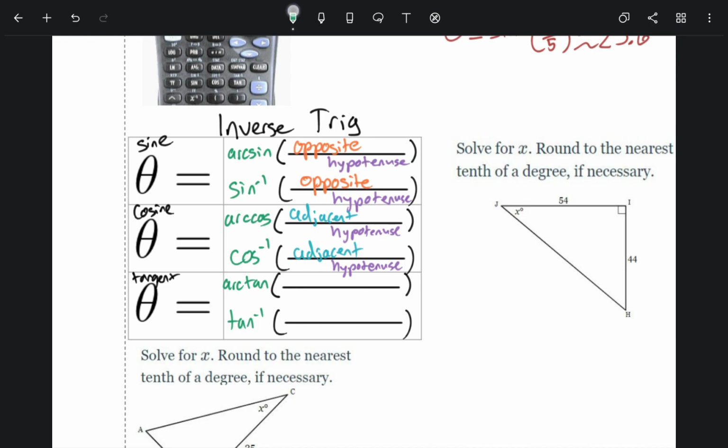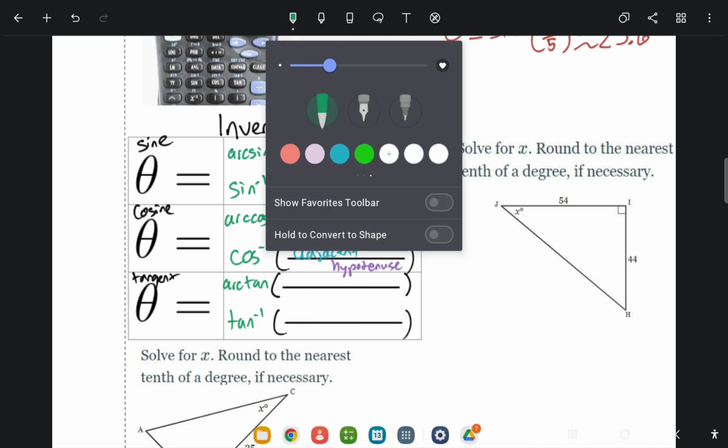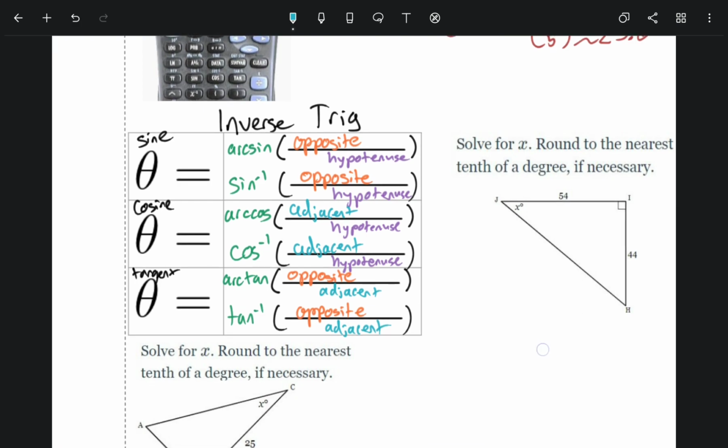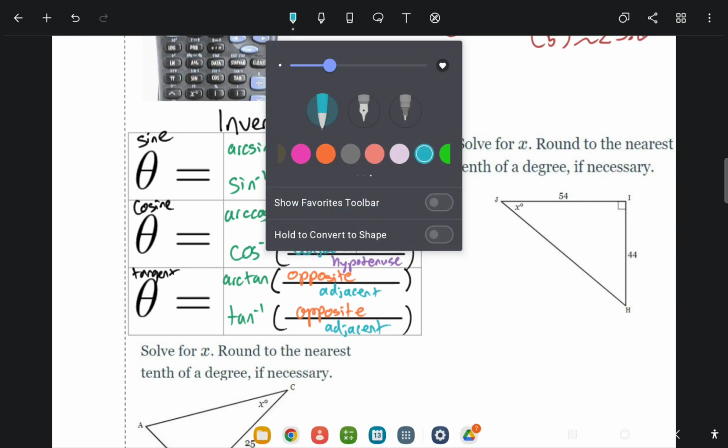And this uses the opposite over the adjacent side ratio. Okay, and those are our three inverse functions. Each box is two different forms of the same one. So we're going to be using these three functions to solve for the angles.